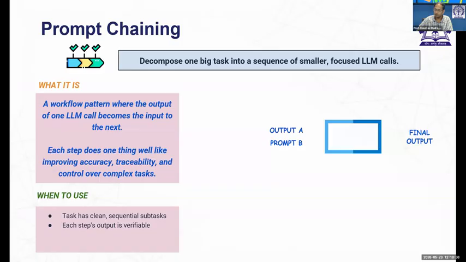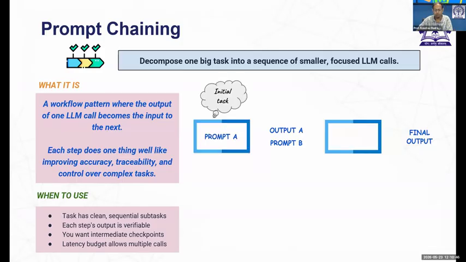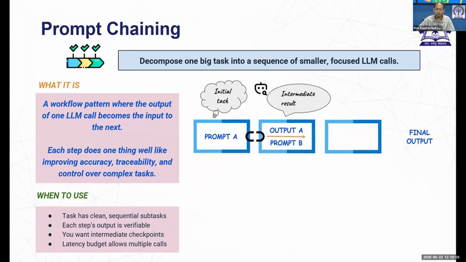How to use it? The task has clean sequential subtasks. Each step's output is verifiable. We want intermediate checkpoints, and the latency budget allows multiple calls. So how can I proceed? The initial task is given. I am passing it with prompt A in step 1. I get the output from step A, and then I put that intermediate result with prompt B into the second step.